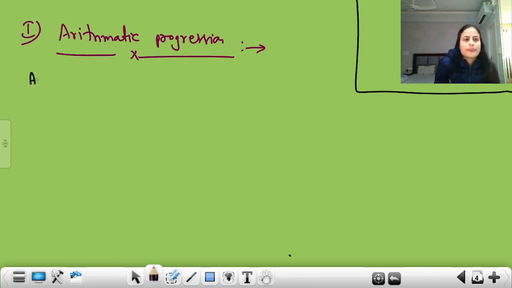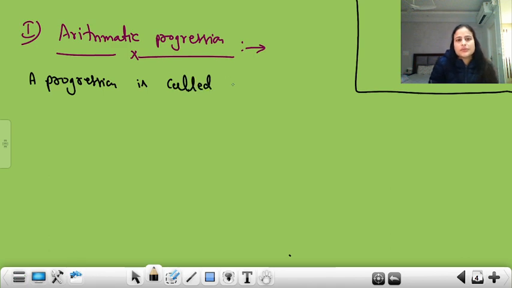So a progression is called arithmetic progression. In short, I'll write AP, right?